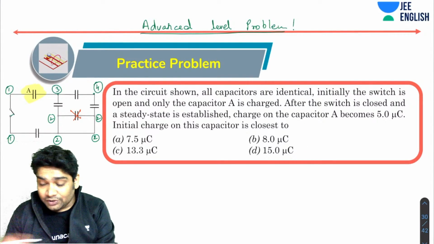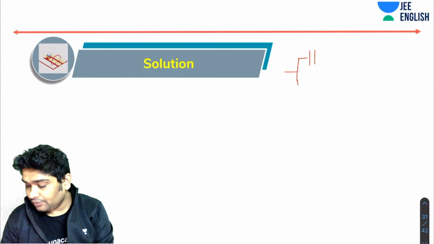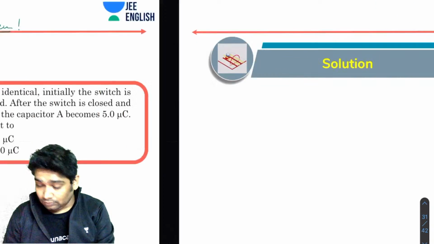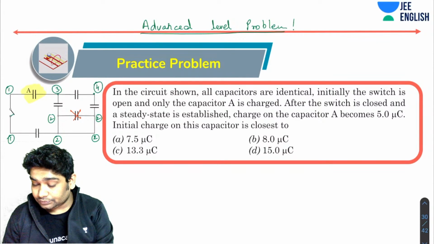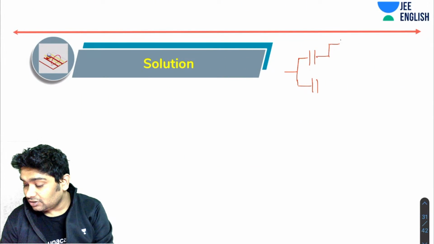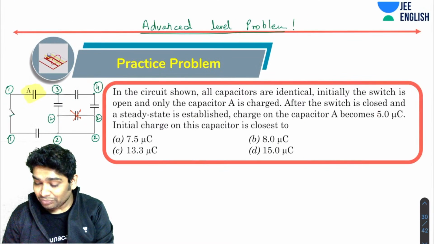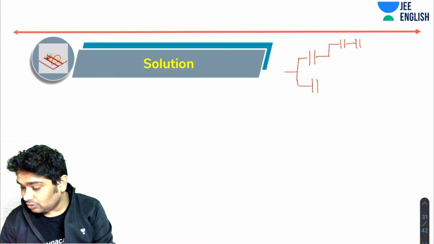Once you draw the equivalent simplified version of the circuit, let's see how it looks. So starting from 1, you have two capacitors. The first one goes into 3. Here again, I have two capacitors. So 3 goes to 4, 4 goes to 2.